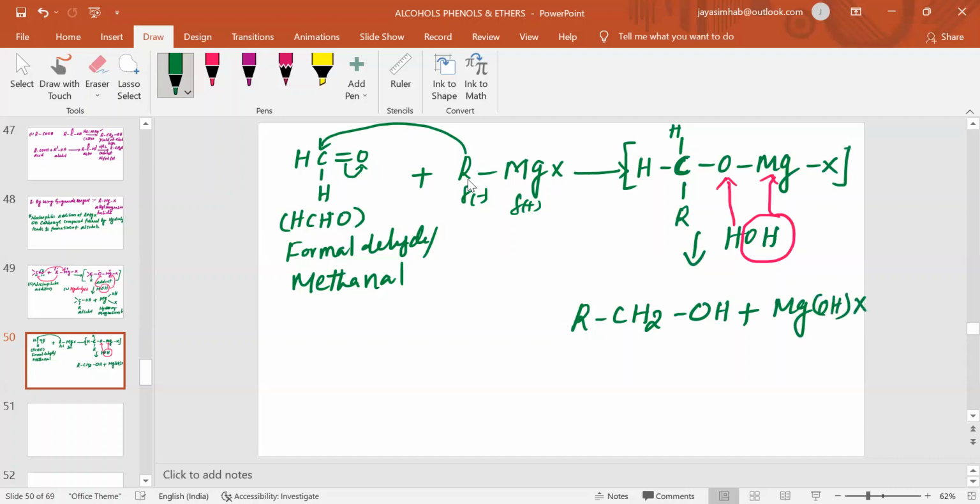This is a primary alcohol, because this is a primary carbon. So primary alcohol is produced by formaldehyde interacting with RMgX, the Grignard reagent. This is the first one. Primary alcohols are produced from formaldehyde.